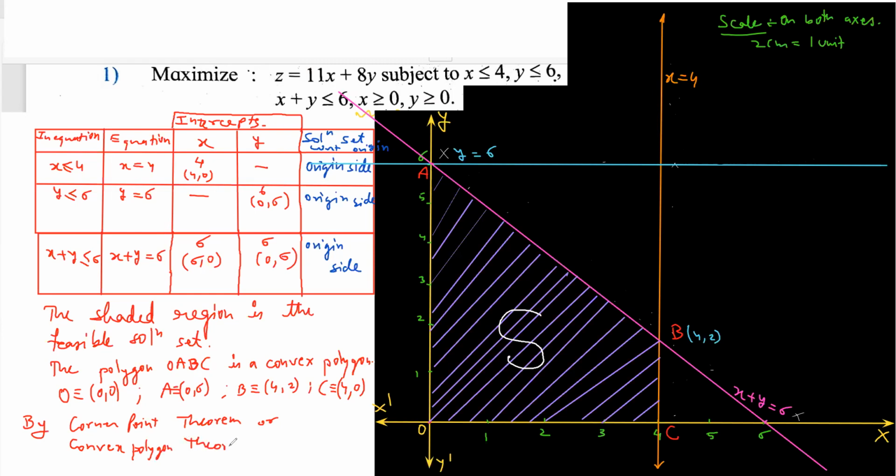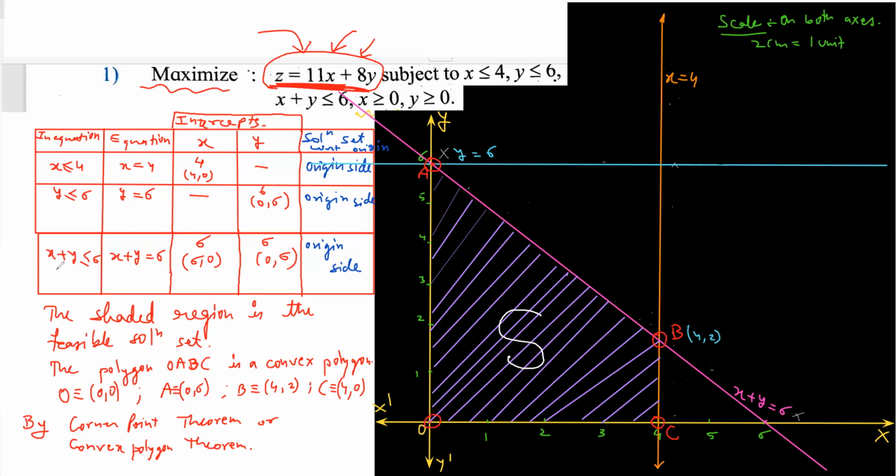This theorem says that the maximum or minimum of the objective function is attained at at least one of the vertices, that is, at one of the corner points. The maximum here may be at vertex A, B, C, or O.